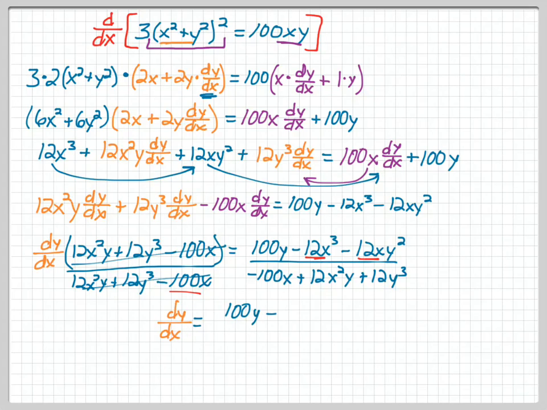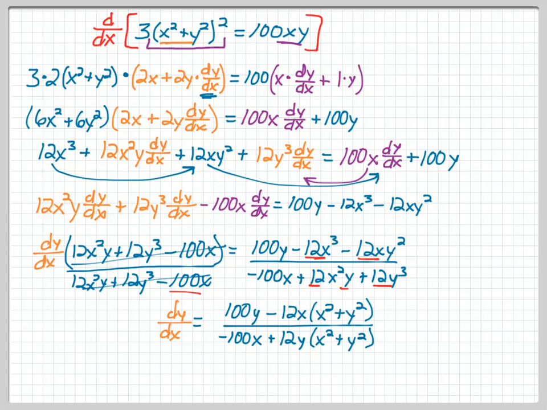I can see there's a common factor of 12x, so I bring that out and I'm left with x squared plus y squared. Then in the denominator we have minus 100x, and again we've got some common pieces, 12y, so we factor out a 12y, and we get x squared plus y squared remaining.